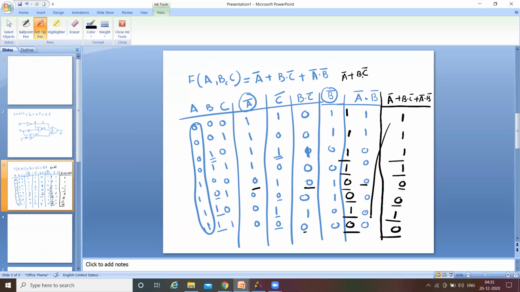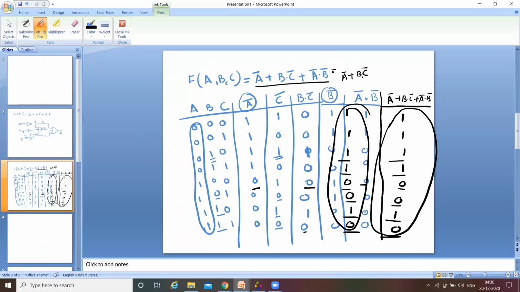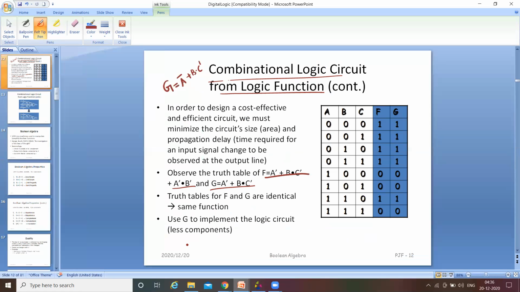Is this function the same or not? Therefore this function is the same as A bar plus BC. The two truth tables of f and z are identical, the same function.